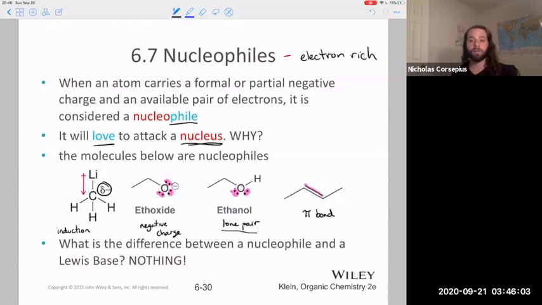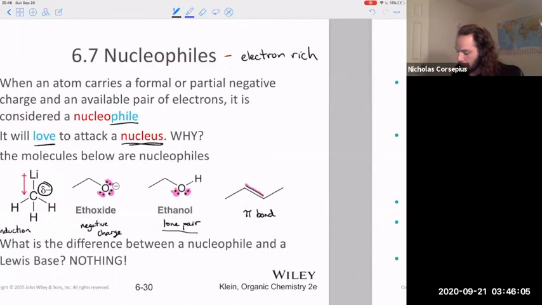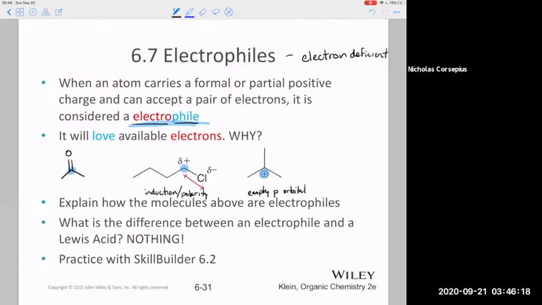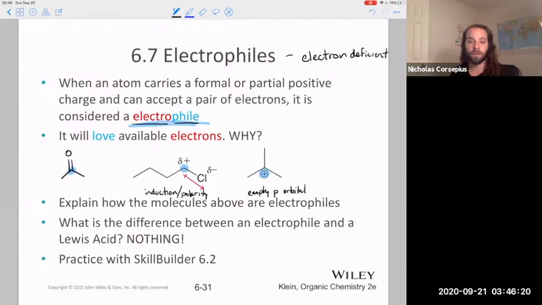Those would all be nucleophiles. An electrophile would also be at the end of a polar bond, but this time the one with a partial positive charge, or any compound that has an empty p orbital. Those are also good electrophiles.